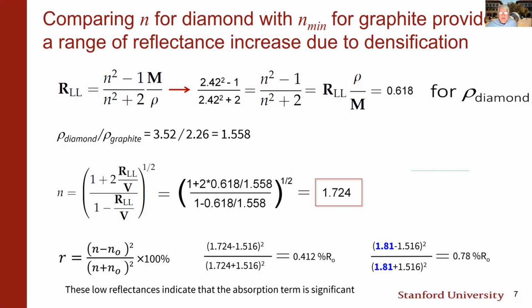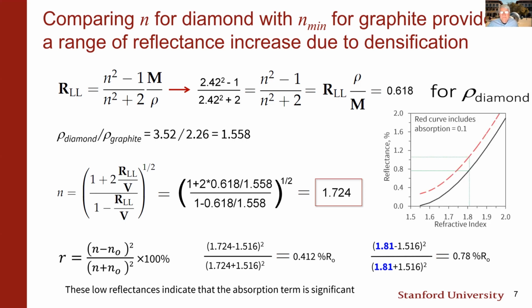Oftentimes you see pictures about the reflectance increasing because of the polyaromatic material forming, but in fact, during the oil generation, what you're really doing is you're more concentrating existing aromatic material, which may be mostly small rings, and that's a very important part of the contribution to the increase in reflectance, not strictly the idea of getting large polyaromatic rings.